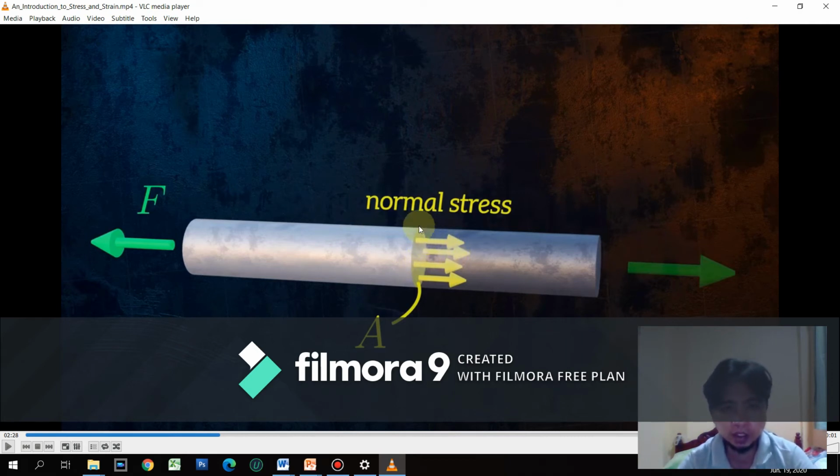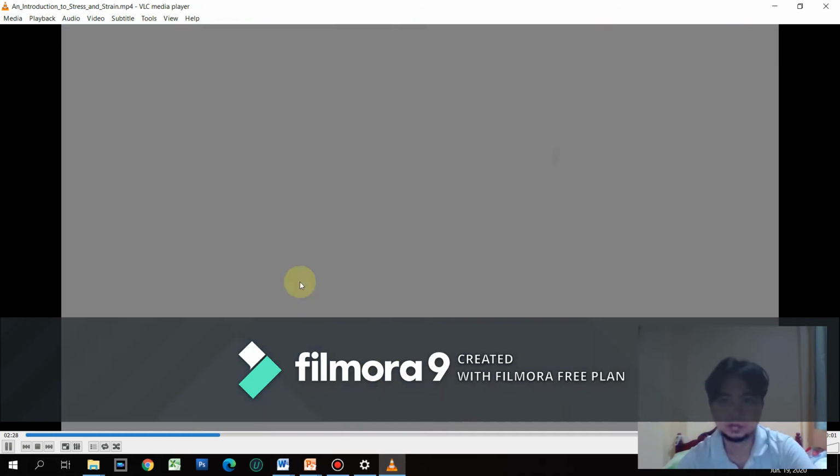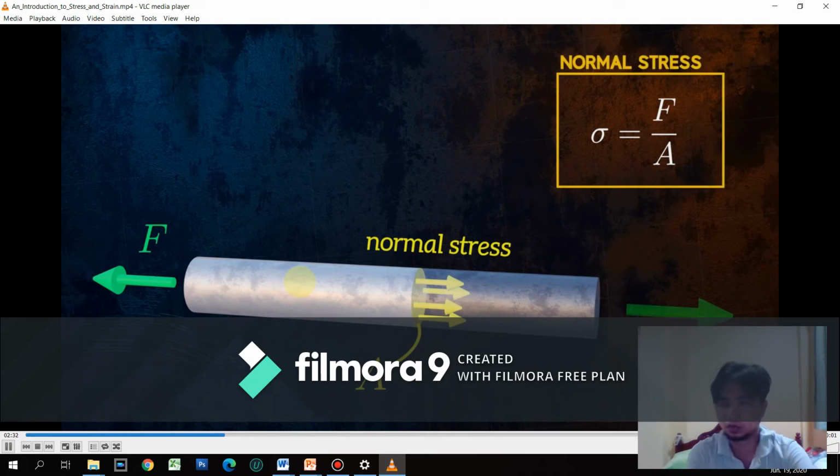What is important here in stress is that these arrowheads, or forces, are distributed over the cross-sectional area. Why the cross-sectional area? Because what is being stretched is actually the cross-sectional area. And we said that we have a uniformly distributed, meaning equally distributed, force over all the elements of this whole bar. It is denoted by the Greek letter sigma.